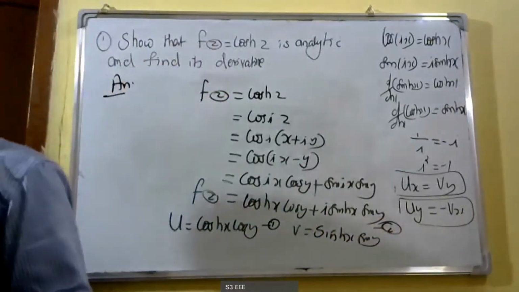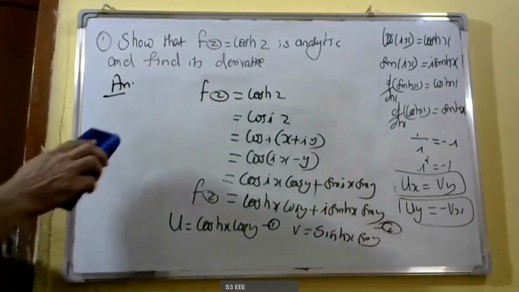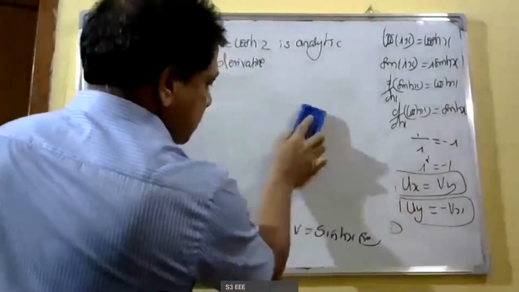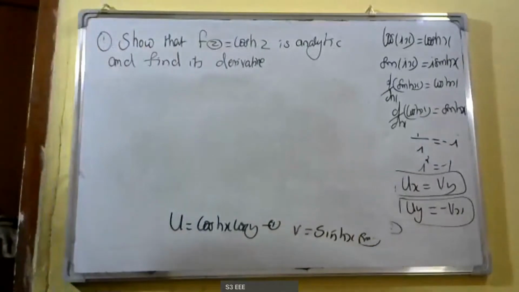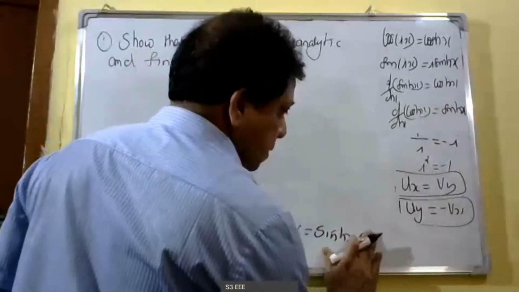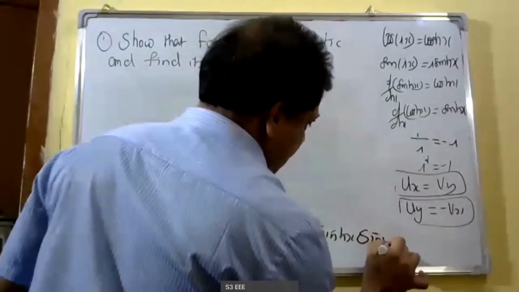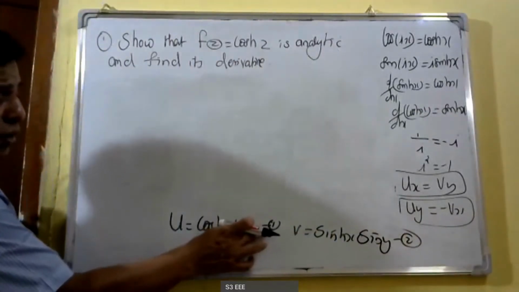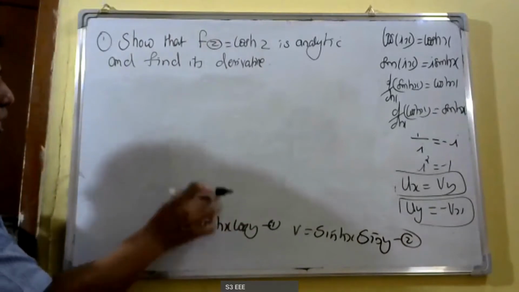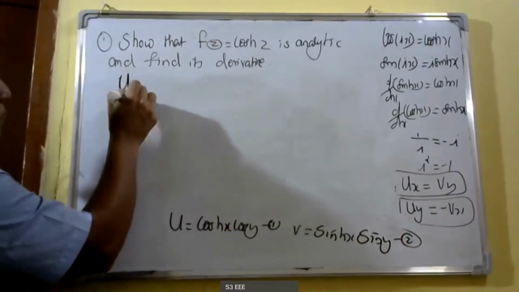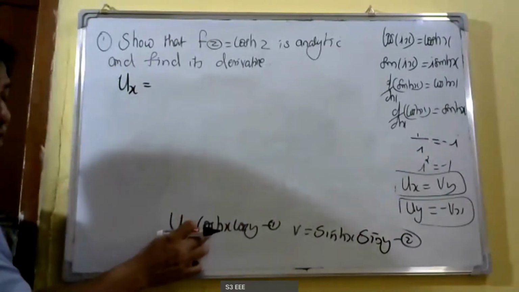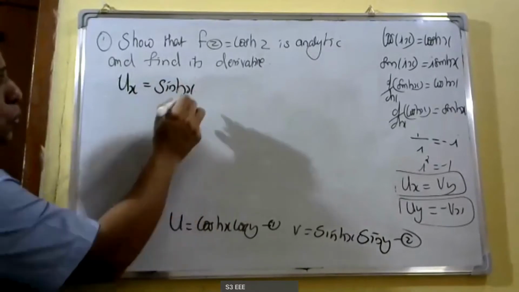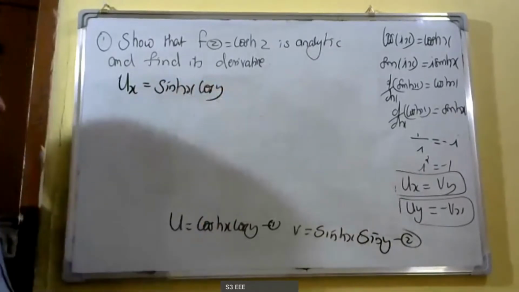Then we take the partial derivatives to prove the Cauchy-Riemann equations. We differentiate equation 1 partially with respect to x. Therefore, ux = sinh x cos y, where cos y remains constant.